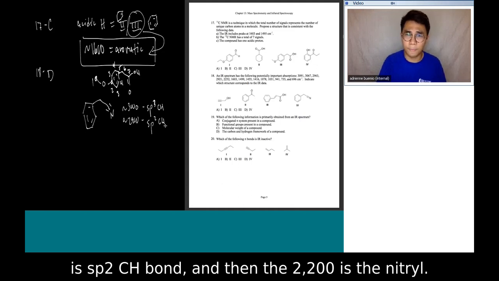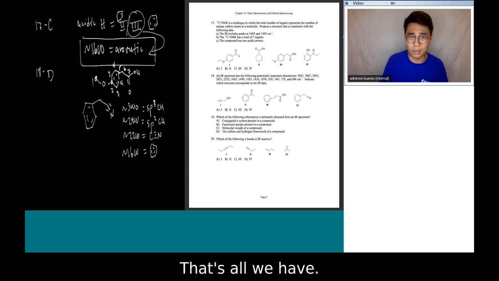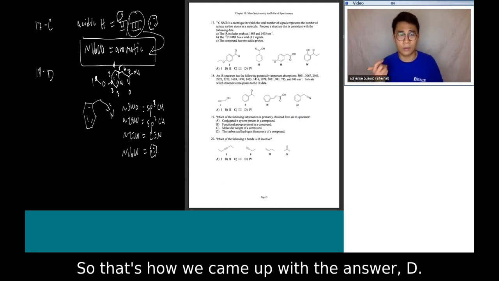And then the 2200 is the nitrile, right? And then 1600 is the aromatic, right? And then that's it. That's all we have. That's all we need. So that's how we came up with the answer D.